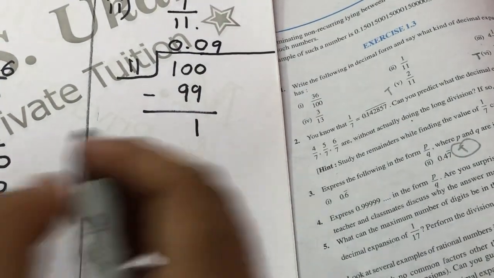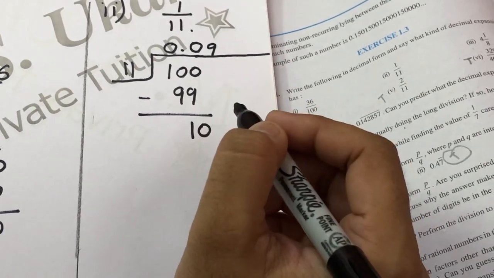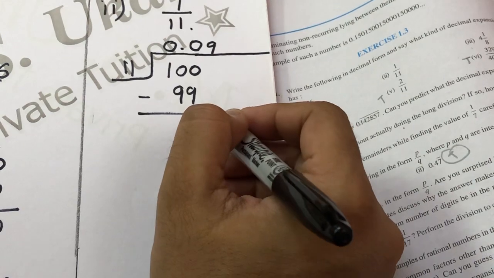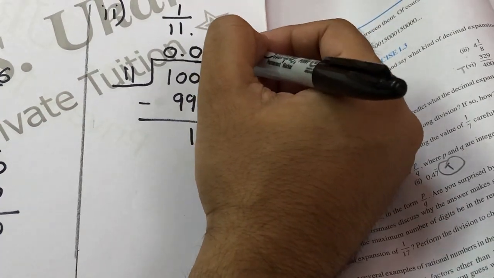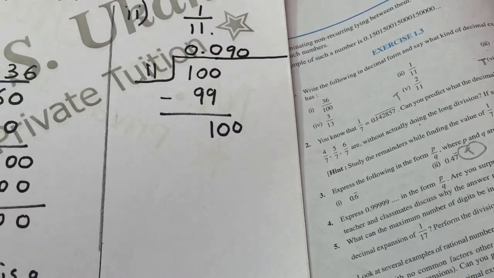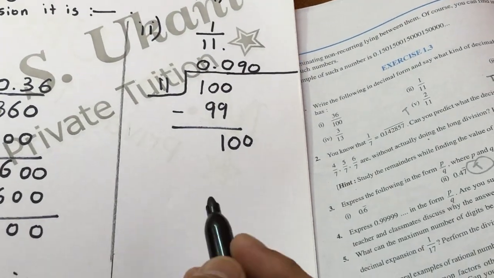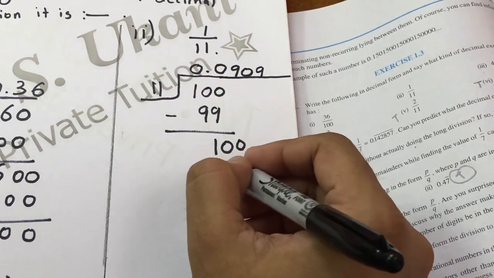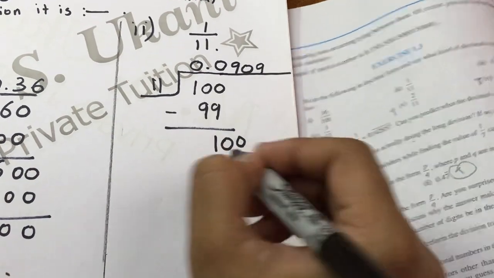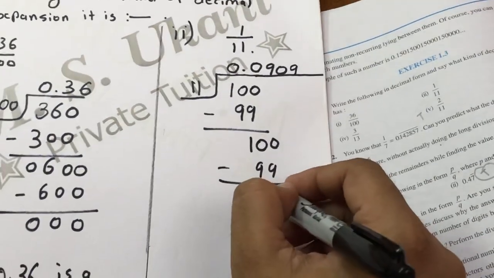Now we will put 1 0. So again it is not possible. So again we will put 1 0 here and 1 0 upside in the quotient. So 11 9s are again 99. And if we subtract 99 from 100, our answer will be 1.